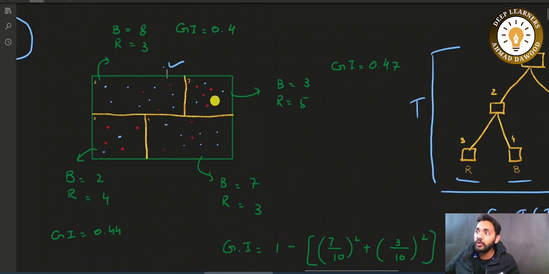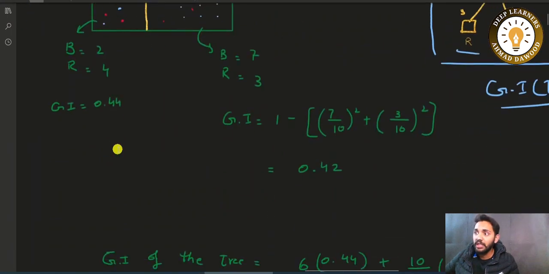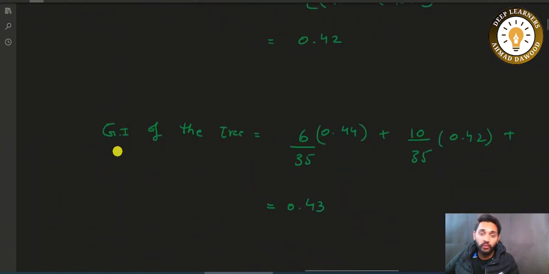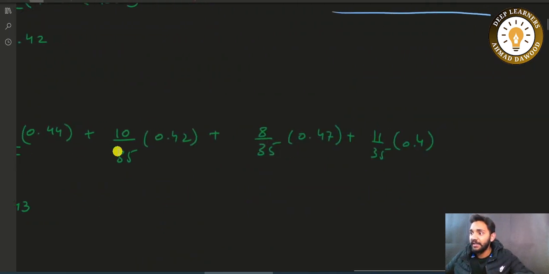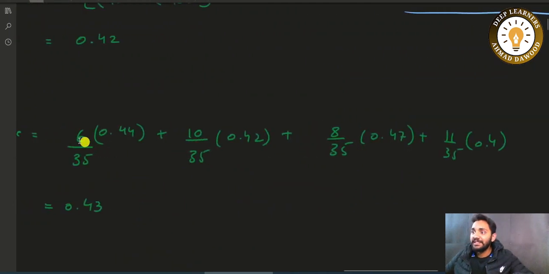You do the same for each partition, and then you add up all the Gini impurities with their proportions, or their weights, like I did here. Here you can see the Gini impurity of a partition which has 6 data points out of 35. You can call this the weight of that partition, the proportion of that partition in the whole data set.